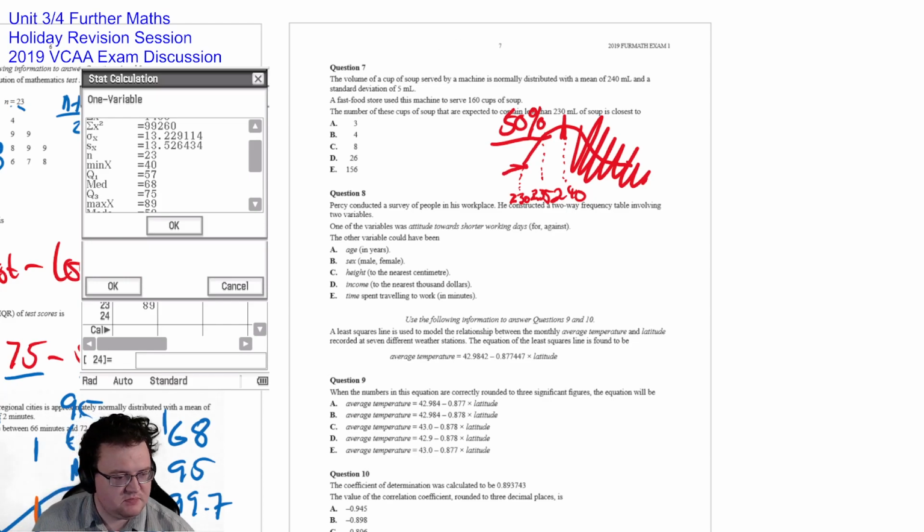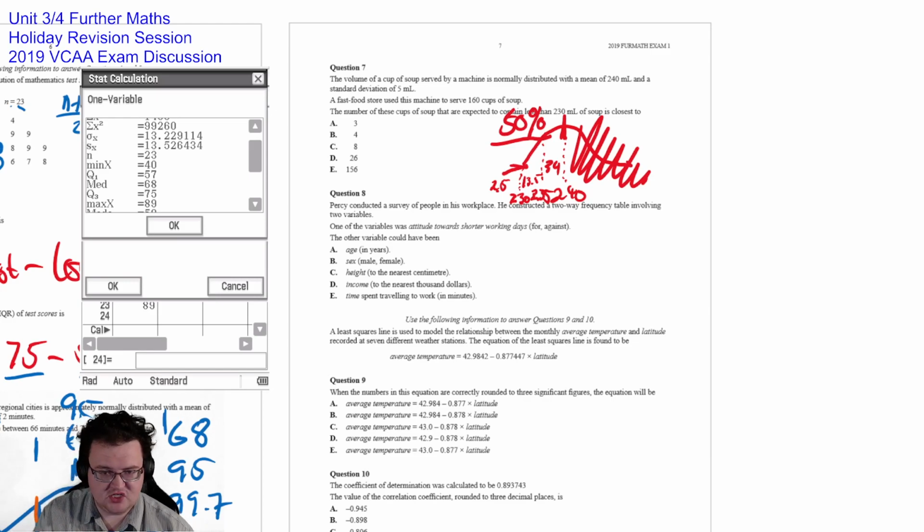So if I was to split and divide all of this information up, I have 34% here. I have whatever, 13.5 in there. And then I have 2.5 outside 2 standard deviations.